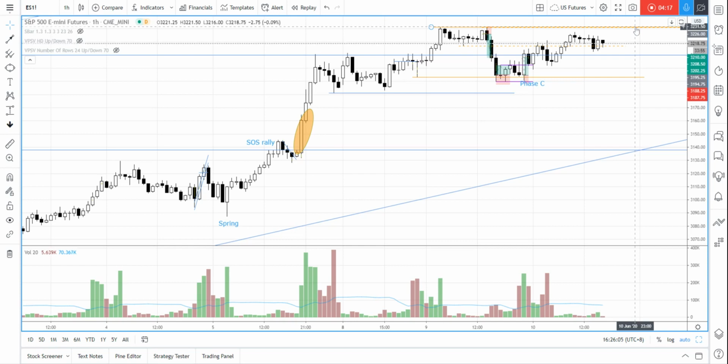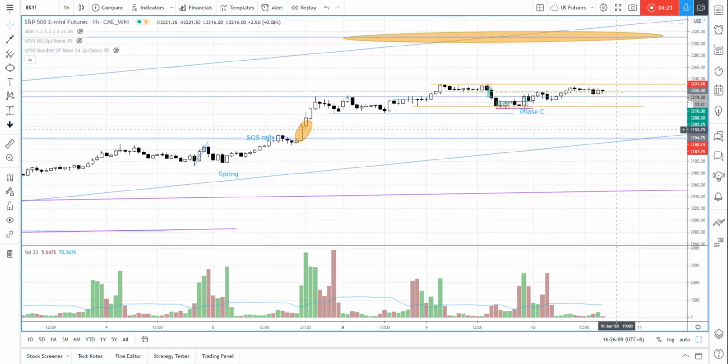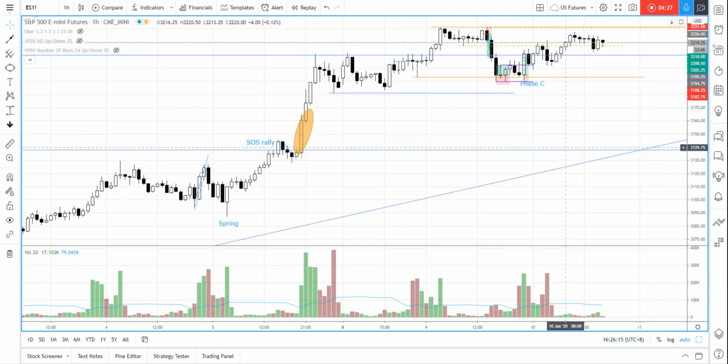And from that, then we can conclude it will just keep moving up and test the higher target at 3300 or 3310. So far we haven't seen the commitment to the upside, despite the supply absorption, which is a very constructive sign for a bullish bias.